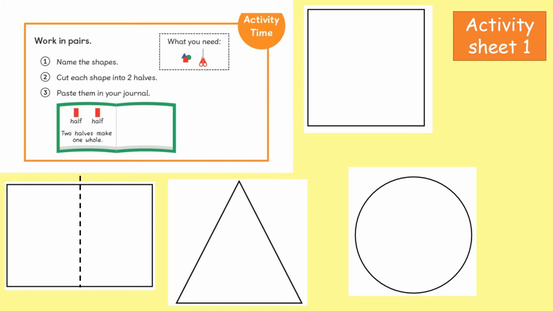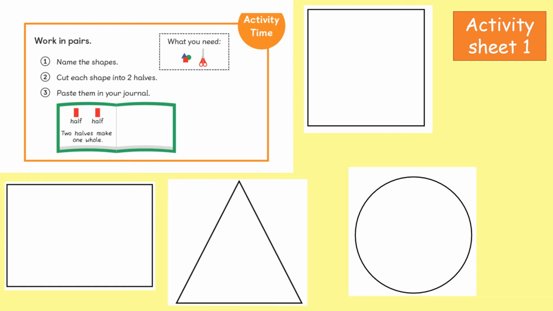Did you find this way? You could fold it down the middle that way and you'd have two equal halves. Maybe you found a different way. Did you find you could fold it this way? And look, you get two equal halves. Okay, so they're the two ways I found to fold the rectangle, so you get two equal halves.